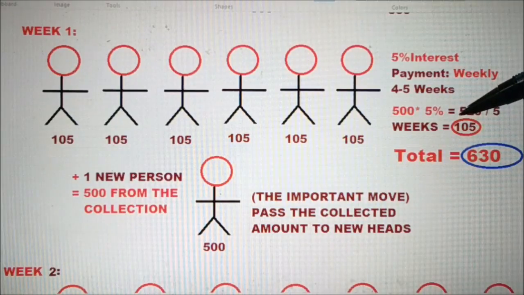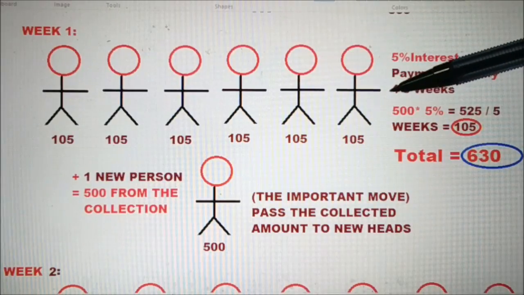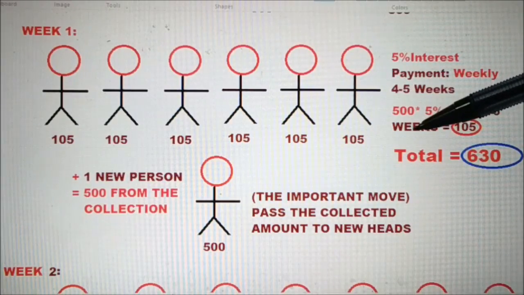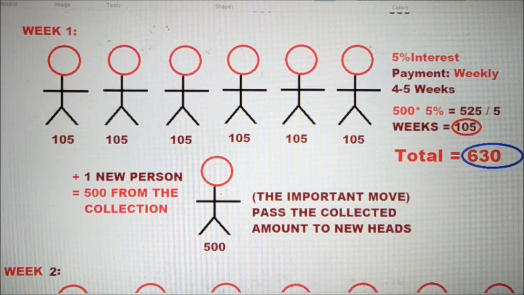So every week, we must collect 105 from each head. So on the first week, we must collect 105 from each head. So the total is 630. This becomes so powerful, and it will grow your money fast.